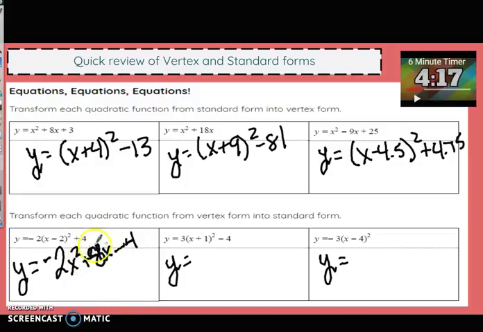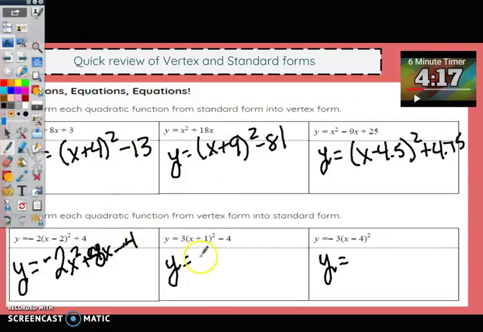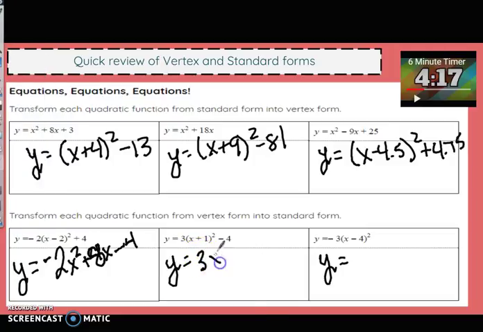So negative 2x squared plus 8x minus 4. Okay. Table number 2 right here, can you tell me what you got on this one? 3x squared plus 6x minus 4. And table number 8, what did you get on the last one? Negative 3x squared plus 24x minus 48.